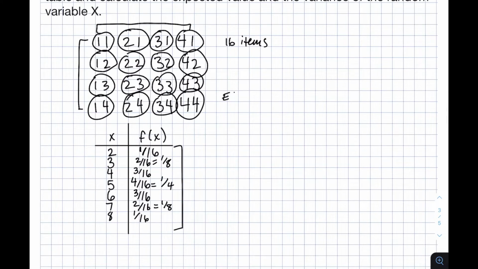So we can recall the expected value formula is the sum of all of the x values multiplied by their corresponding probabilities. That basically just means we multiply this column by this column.